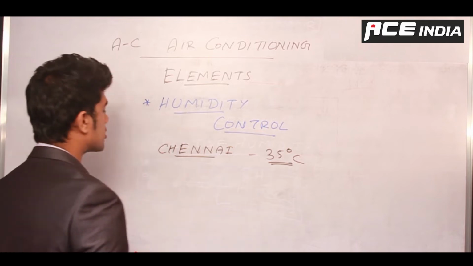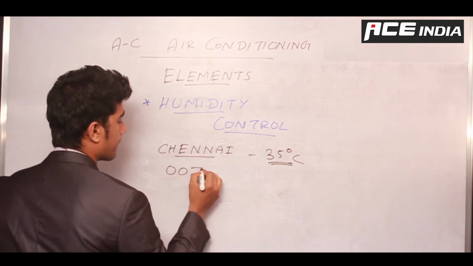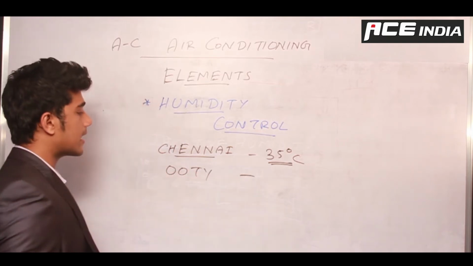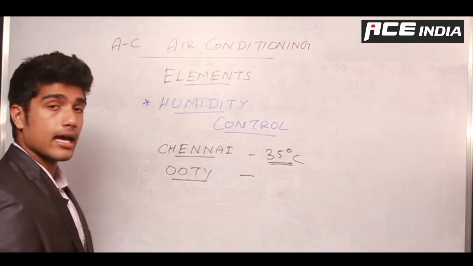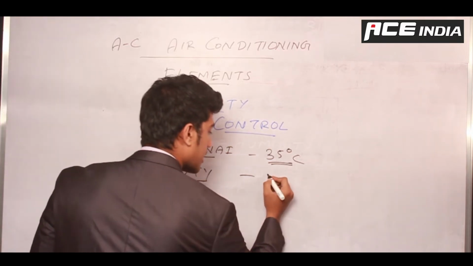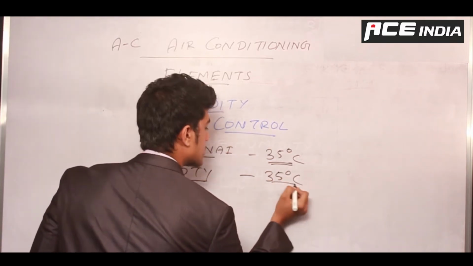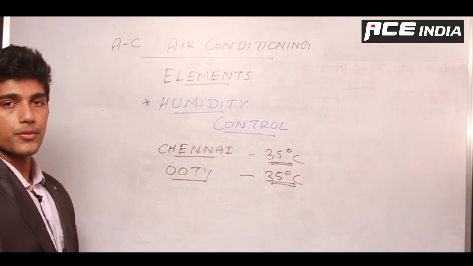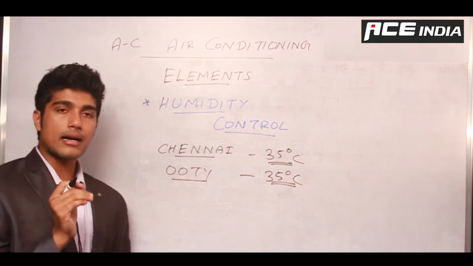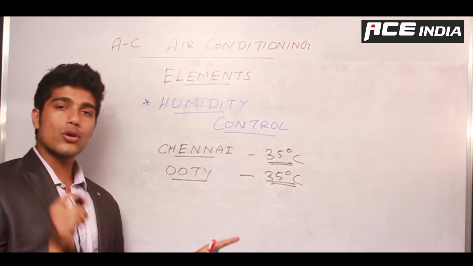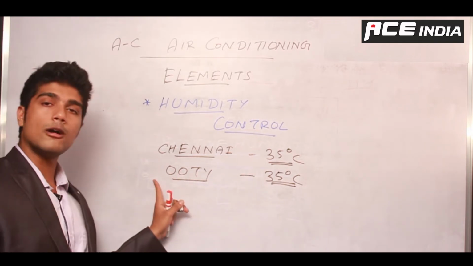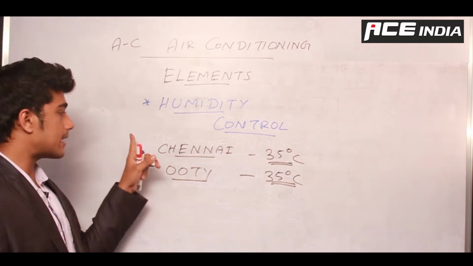Now assume another situation in Ooty. A person sitting in Ooty has the same temperature because there is also summer there, and at daytime the temperature reached 35 degrees Celsius, right? At both places, if I compare the same person sitting in Chennai and Ooty at the same temperature, you can actually see that the person will be more comfortable sitting in Ooty rather than in Chennai.